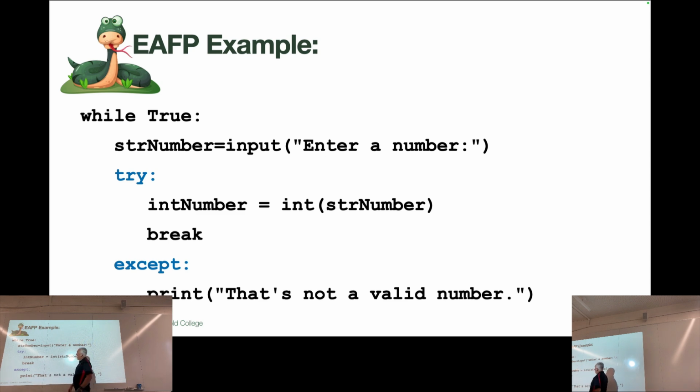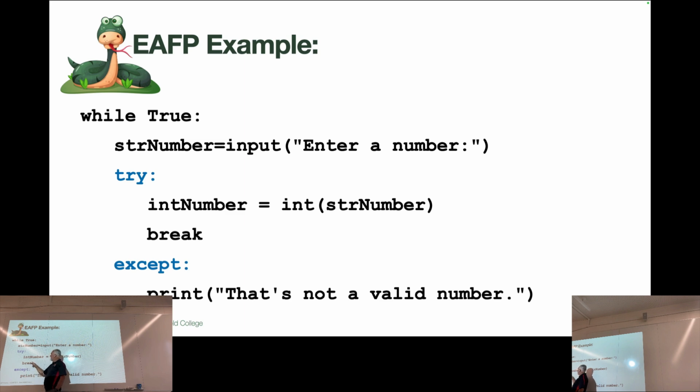So in this while true loop, we're going to ask them to enter a number. If they enter digits, then it'll be okay. This won't cause an error. If they enter anything that's not numeric, then it's going to hit this line, cause an error, and jump straight to here and do this.